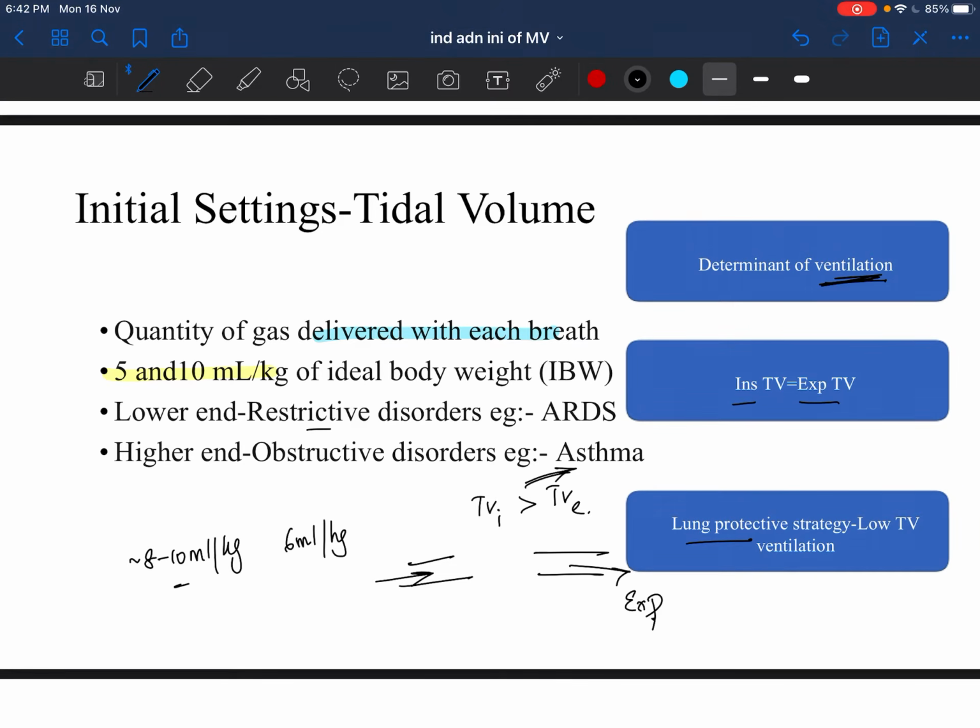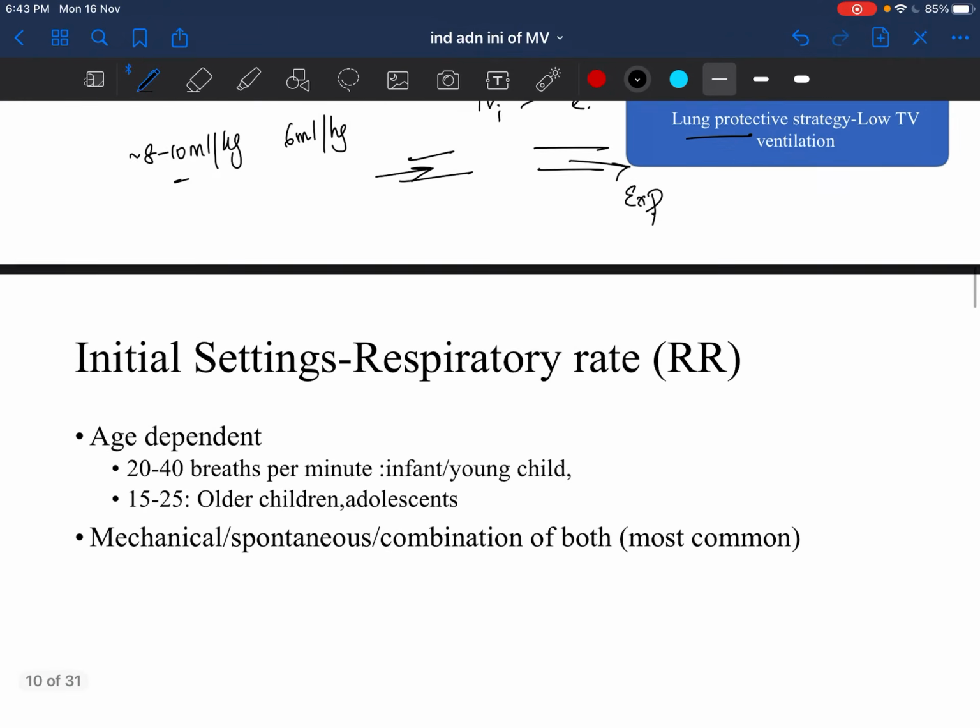Usually you should account for the circuit compliance because the tubings also can hold some amount of air, but most of the time the ventilator accounts for that amount of air. So that won't be an issue. So generally if you see huge variation between your inspired and your expired tidal volume, think that there must be some loss of air somewhere in the circuit. So this is about your tidal volume setting.